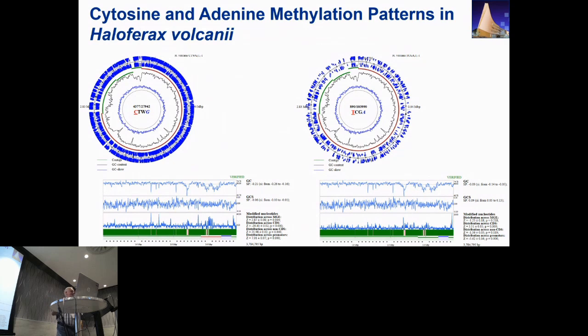And the methyltransferase is present in the plasmid. It targets specifically promoter regions. So it can be a mechanism of how the plasmid interacts with the host, by targeting specifically promoter regions. And adenine methylation is common for chromosomes and some plasmids, but rare in another plasmid.